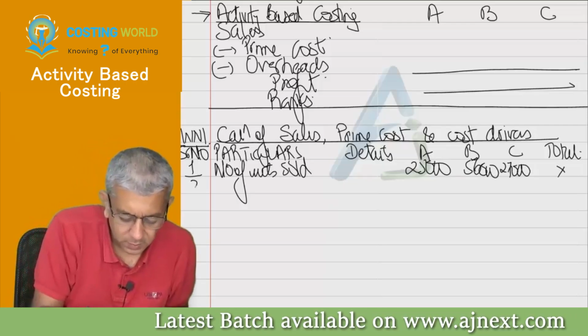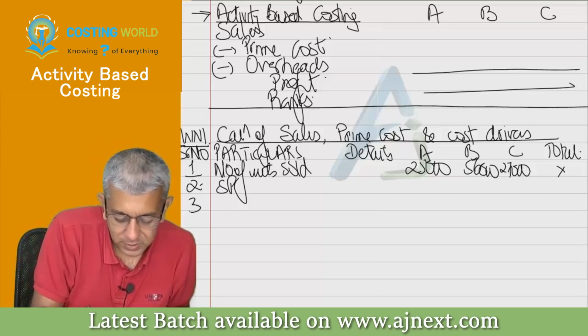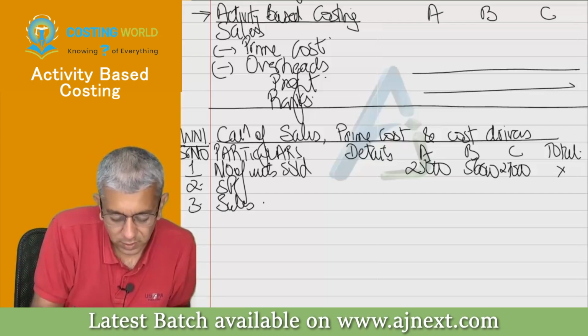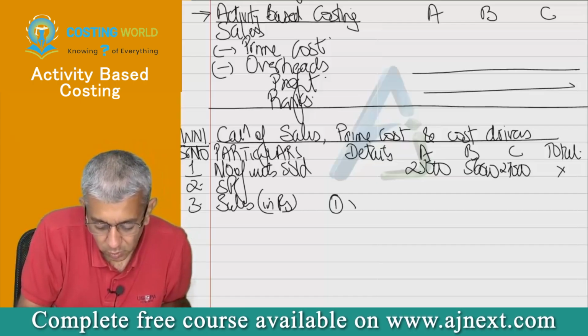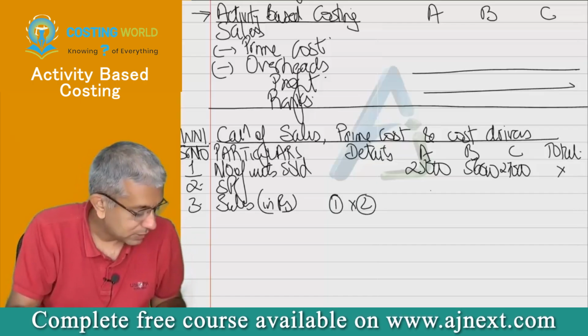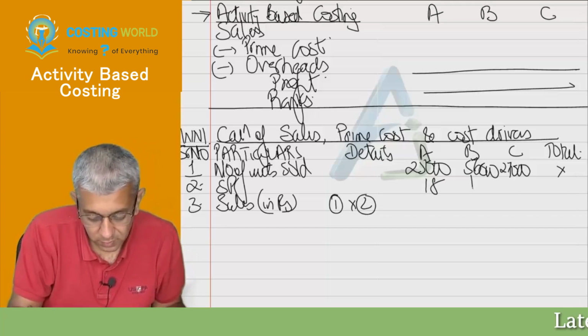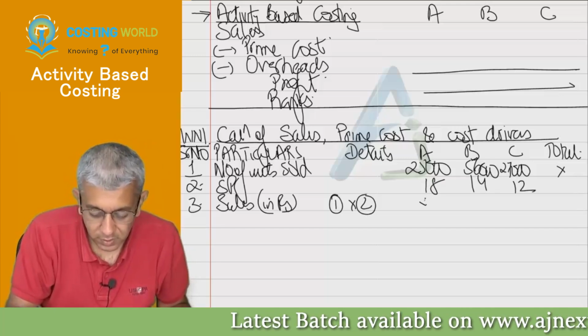You can total it up. Second, we'll multiply by selling price. Third, we will arrive at sales in rupees. So sales is going to be row number 1 into row number 2. Selling price is there with me: 18, 14, 12.